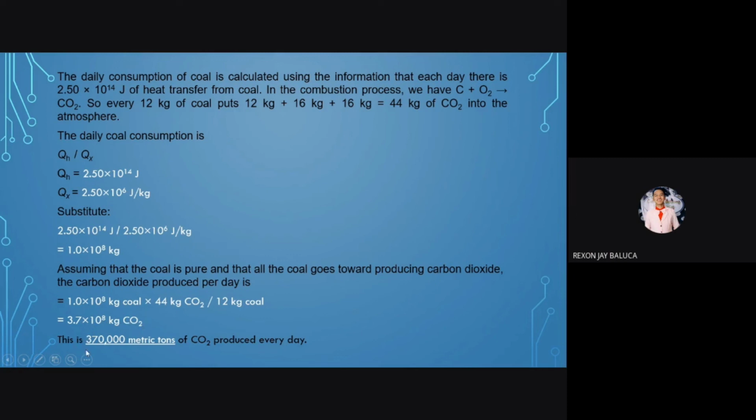So this is 370,000 metric tons of CO2 produced every day. So it is a huge emission. So it is not good to promote these coal power plants, because they produce so much CO2.